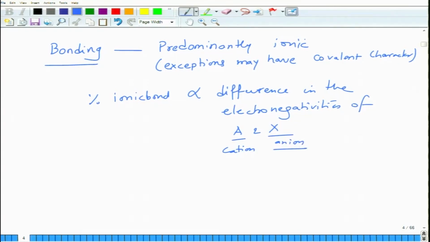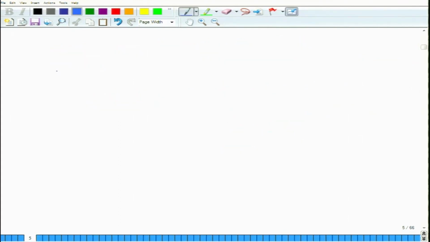So, if you look at, for example, the periodic table, on the left we have let us say 1A, then we have 2A, and in 1A we start with hydrogen, lithium, then we have sodium, then we have potassium, and so on and so forth.